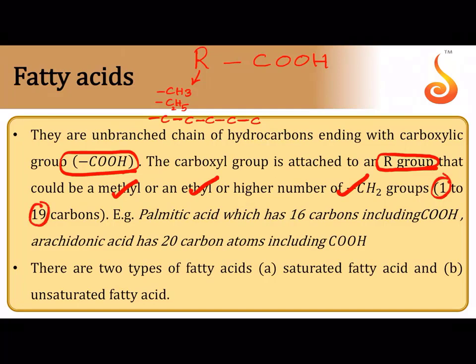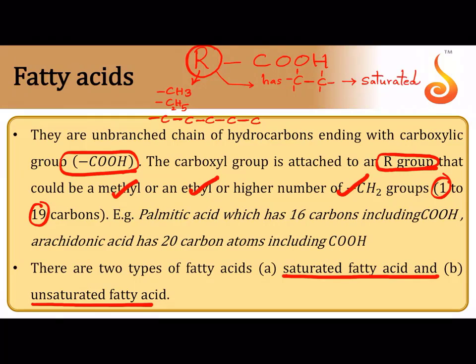Did you understand? So what can we classify these fatty acids into? We can classify them into saturated fatty acid and unsaturated fatty acid. Now this classification, as you all are aware, is based on the R group. If the R group has only carbon to carbon single bonds, then we call it a saturated fatty acid.